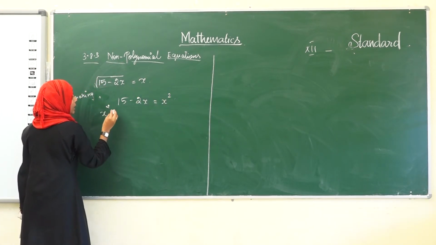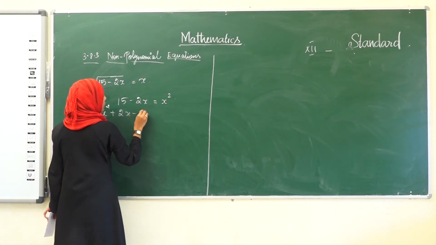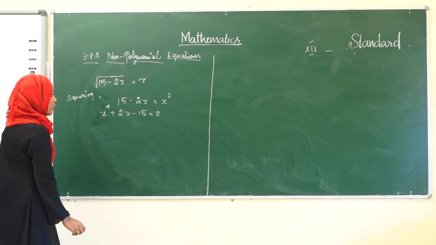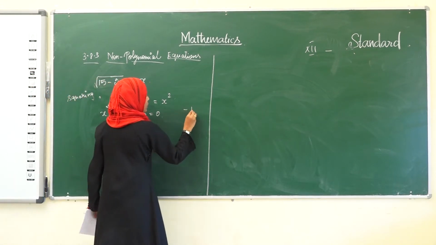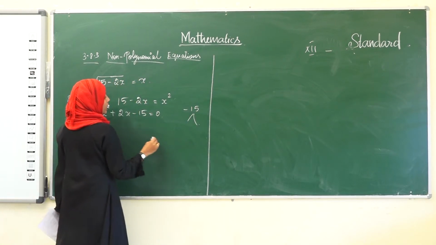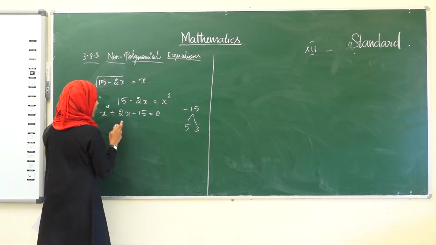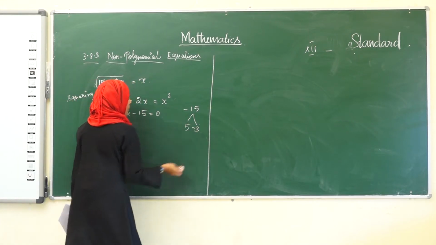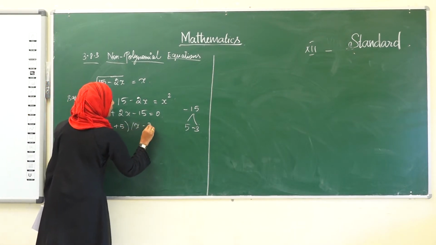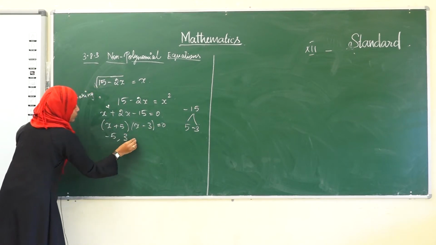So this can be written as x square plus 2x minus 15 equal to 0. Now we can solve this, right? We have to factorize this. This is minus 15. We know that 5 threes are 15. We have to get only plus 2. Therefore minus 3 and plus 5. Therefore what we have got is (x plus 5) into (x minus 3) equal to 0. Therefore the roots are minus 5, 3.